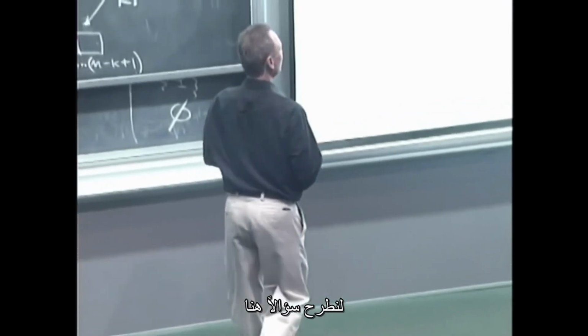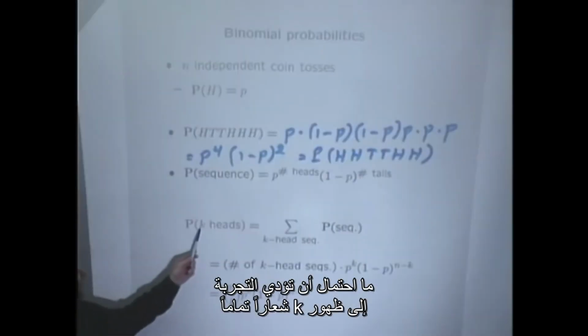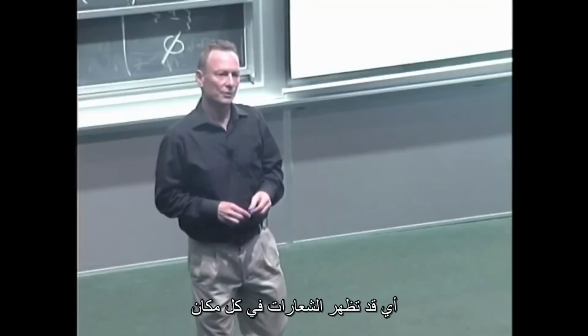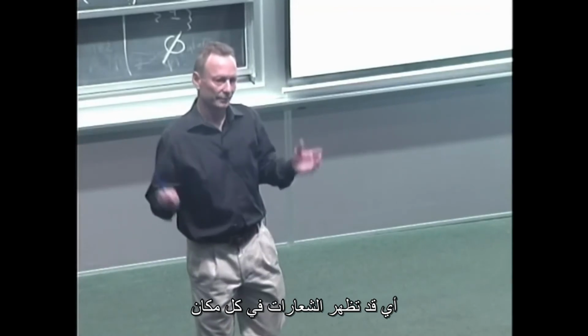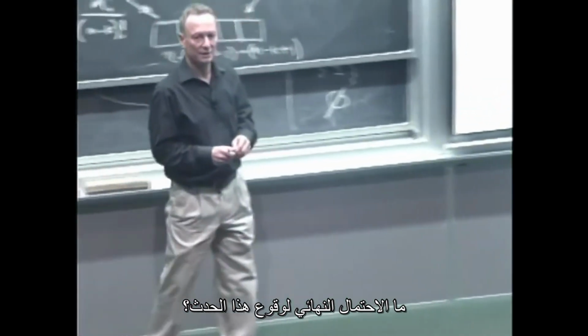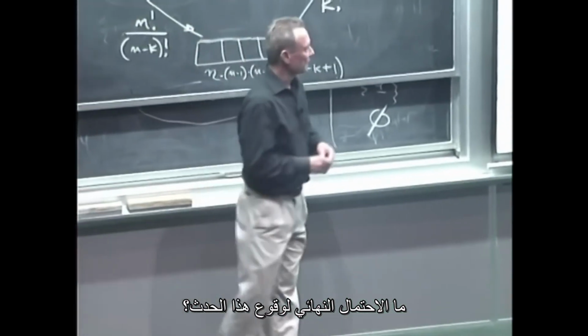So now let's ask the question, what is the probability that my experiment results in exactly k heads, but in some arbitrary order? So the heads could show up anywhere. So there's a number of different ways that this can happen. What's the overall probability that this event takes place?